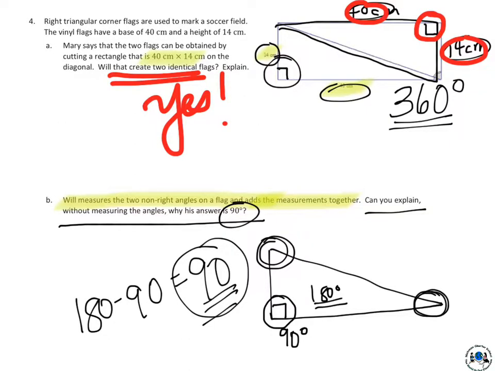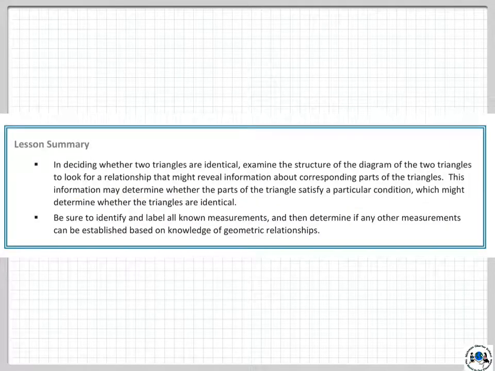All righty, so here is our lesson summary. We are here at the end of lesson 15, topic B, module 6. 12 lessons to go in this module. Will we make it? Will I make it? Not so sure. Anyway, here's a summary of this lesson.